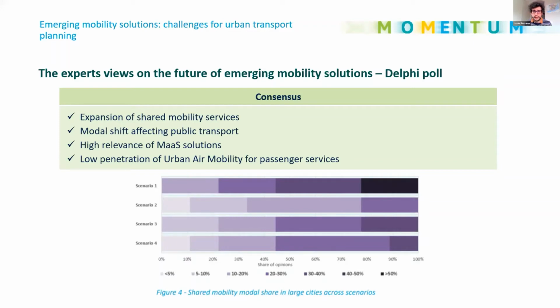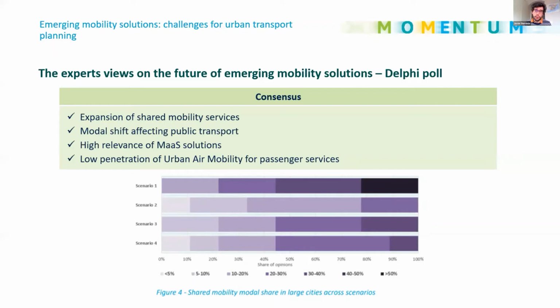With regard to the aspects that gather more consensus, it mainly was about the expansion of shared mobility services. Almost all experts foresee an increasing modal share of this option, at least in large cities. Also, that this increase is likely to affect public transport, and obviously this is something challenging.